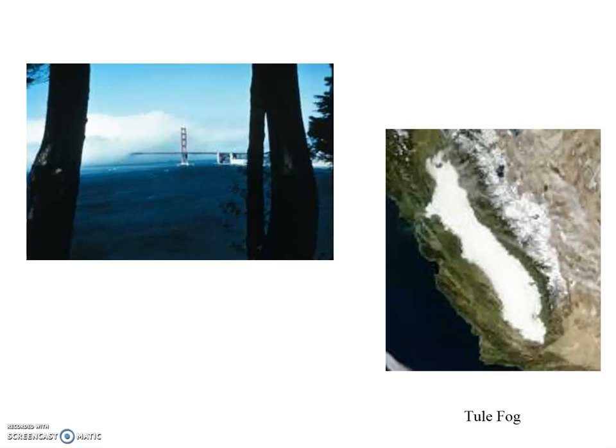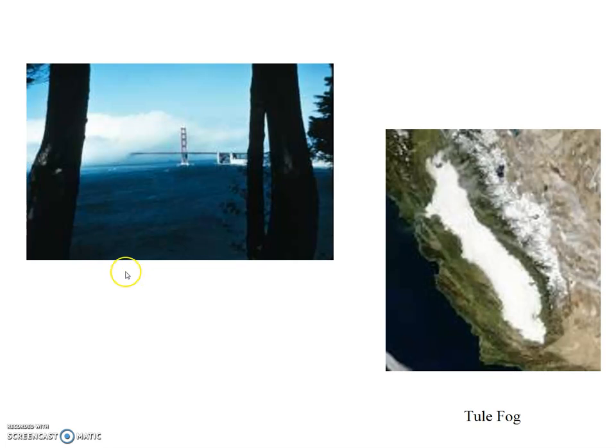The air is rich with moisture from the rainy days in the winter, but then the ground cools off at night, and the air near the ground loses heat to the ground surface and cools to the dew point temperature, creating fog. Several of the largest car accidents in California, some with over 200 cars, have occurred in this Tule fog in the Central Valley.